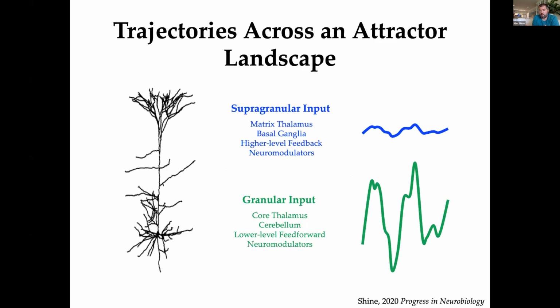So taking the ideas from the neuroanatomy that I'd been reading, thinking about the matrix thalamus and the core thalamus, thinking about the basal ganglia mediation of the matrix thalamus, thinking about the cerebellar mediation of the core thalamus, and even taking that further forward and thinking of the structural model and the fact that feed forward inputs from, say, a layer 3 supragranular cell are going to hit the higher regions, let's say layer 4 cells in the granular area of the cortex, much in the same way that a core thalamic input would come in.